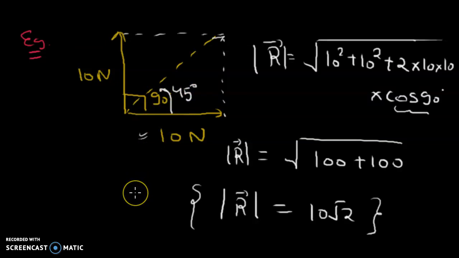It is a good number to remember: 10 root 3 and 10 root 2. If the angle is 60 degrees and the vectors are equal, it becomes the vector times root 3, and if the angle is 90, it becomes the vector times root 2. You would find it in other places as well, and we'll do many questions so it will come to you.